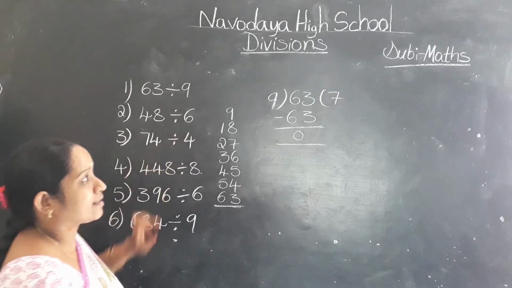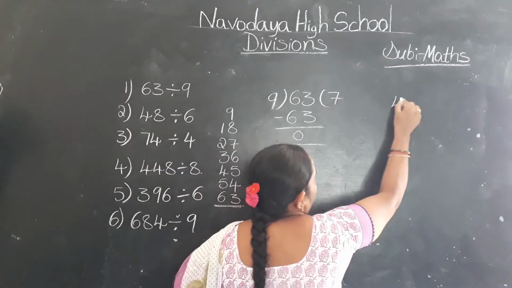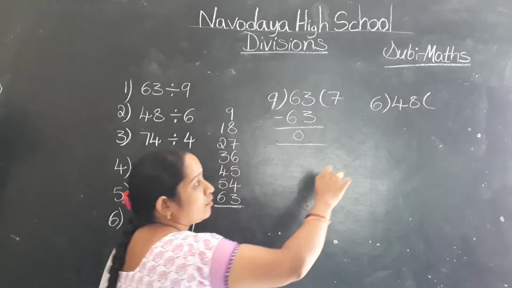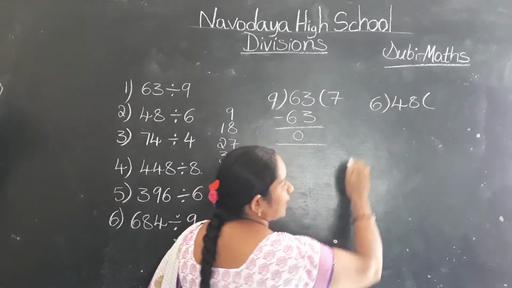48 divided by 6. In 6 table, how many times we will get 48?